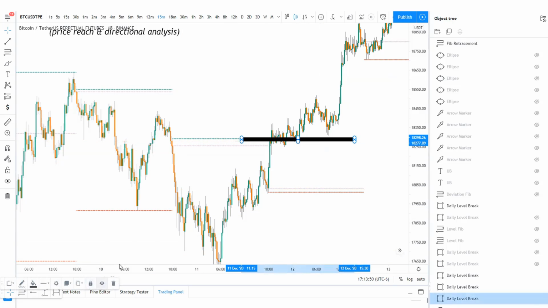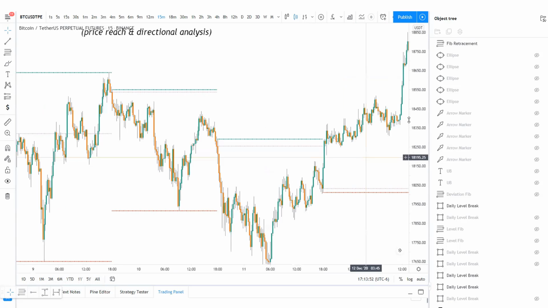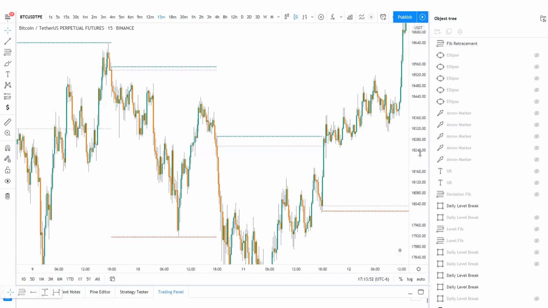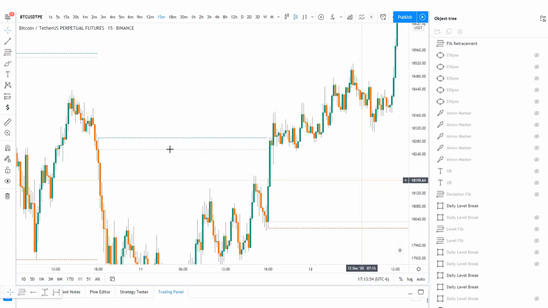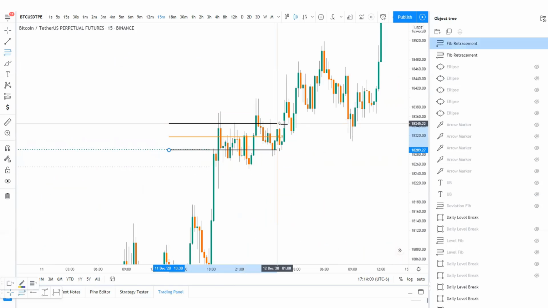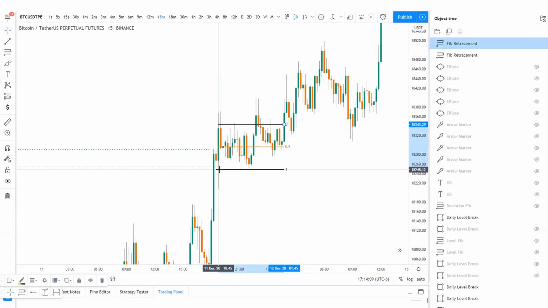I want to just show this level so you can see. It's a little different than the other level that I just showed, but again, if we take the fib, and after it had closed a candle through the level, I want to see how far it came back.